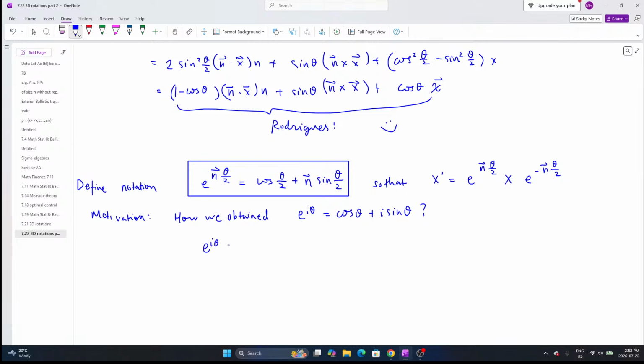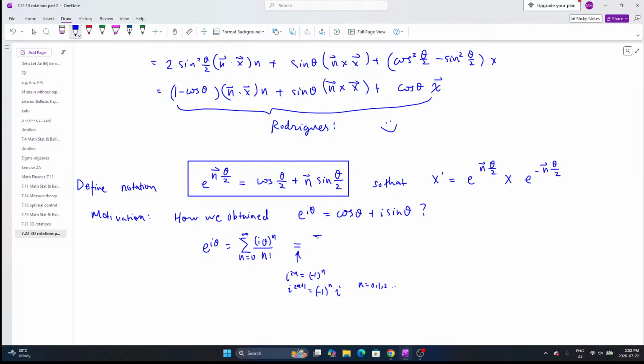So e to the i theta is the sum of i theta to the n over n factorial from 0 to infinity, and we use the fact that i to the 2n is minus 1 to the n, and i to the 2n plus 1 is minus 1 to the n times i. Okay, n equals 0, 1, 2, and so on.